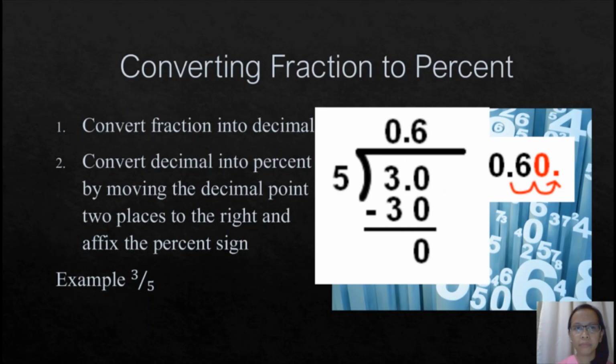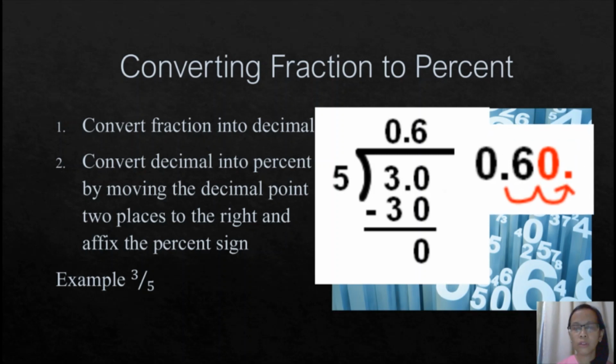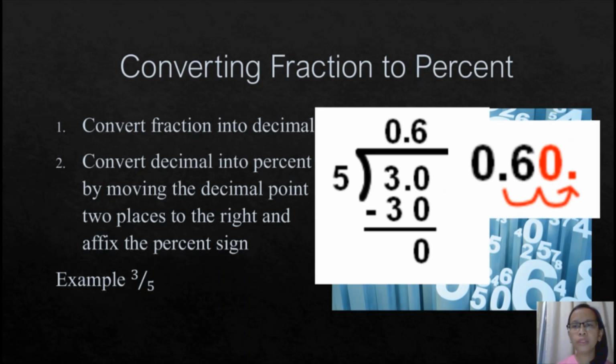Next step, we convert the decimal into percent by moving the decimal point 2 places to the right. So 0.6, we move the decimal point 2 places to the right, and then we affix the percent sign. So the fraction 3/5 converted to percent is equal to 60%.